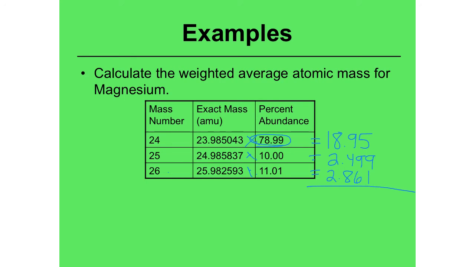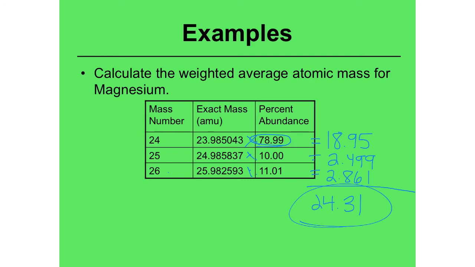All right, then we add those 3 numbers up, 18.95 plus 2.499 plus 2.861, and that gives us a grand total of 24.31 for the weighted average atomic mass for magnesium.